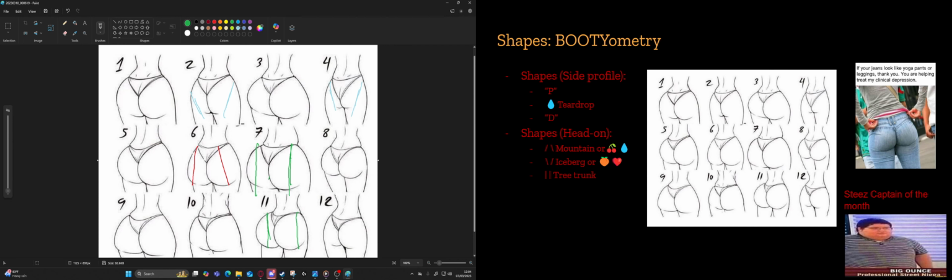This might actually also be a good example of an iceberg, oh, not an iceberg, sorry. That's another mountain, right? We start at a certain point and get bigger towards the bottom.